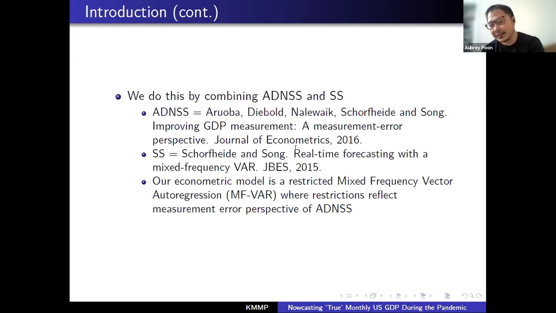So our framework is a combination of the ADNS, Aruoba et al., and Schorfheide and Song. The main gist of our model is that we estimate a mixed frequency state space VAR, where we incorporate the ADNS measurement error restriction, to produce a monthly true GDP estimate for the US.